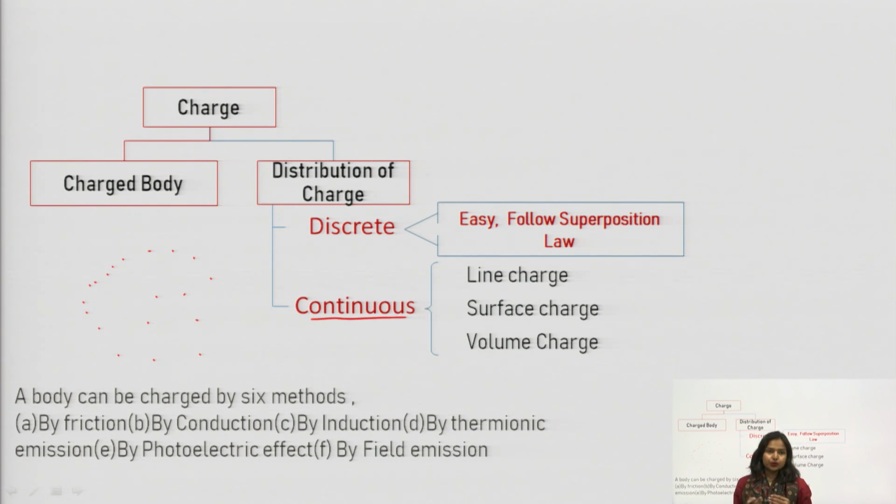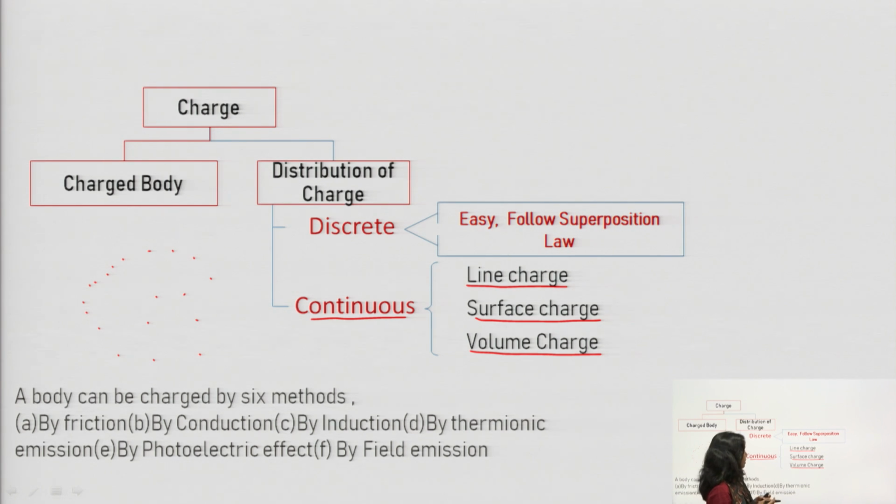Continuous charge can be categorized into 3 parts: we can distribute charge continuously in a line, along a surface, or throughout a volume. So a continuous charge has 3 categories: line charge, surface charge and volume charge.